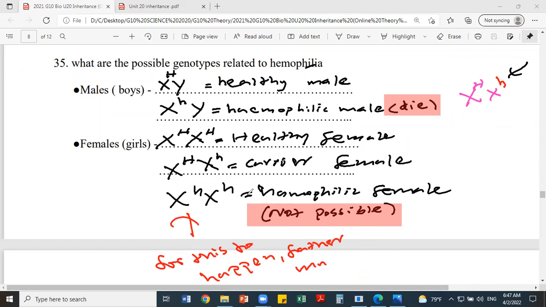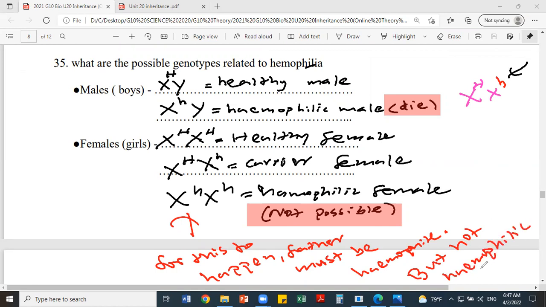From the father, simple h is not possible. That's why, for this to happen, the father must be hemophilic, but it's not possible, because before they become fathers, they die. But there are no hemophilic fathers in the world.